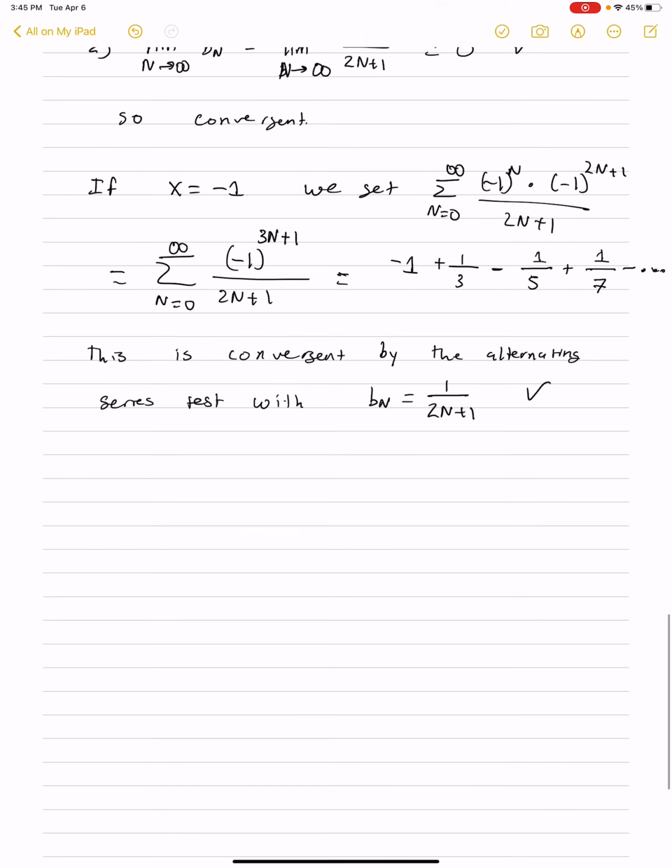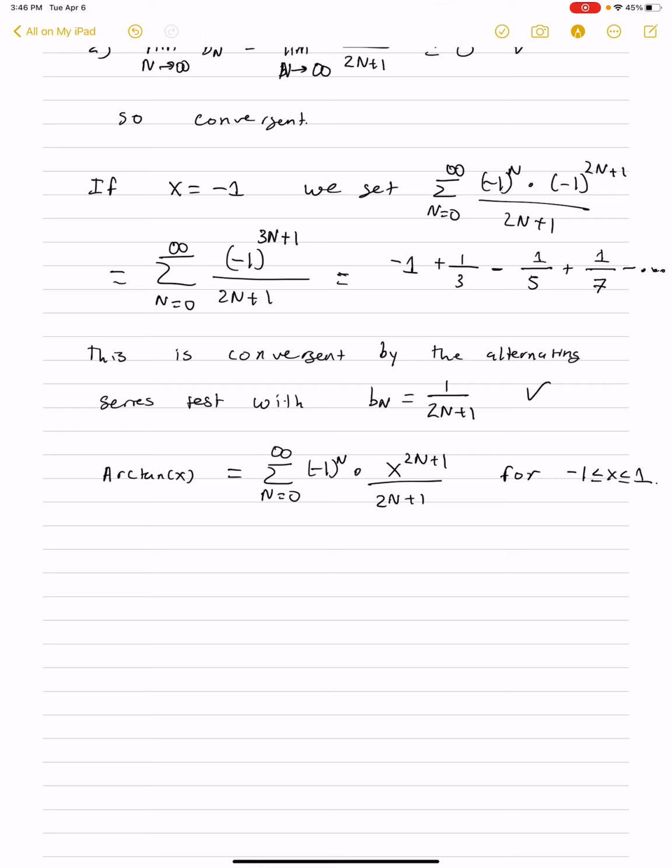Okay, so our final conclusion is that this arc tangent of x, we can write equalities. It's equal to the sum of minus 1 to the n, n equals 0 to infinity, of x to the 2n plus 1 divided by 2n plus 1. And I can use this power series representation whenever x is between minus 1 and 1.